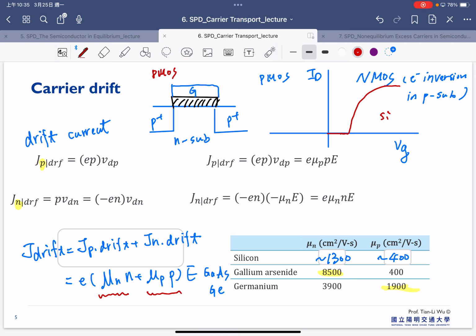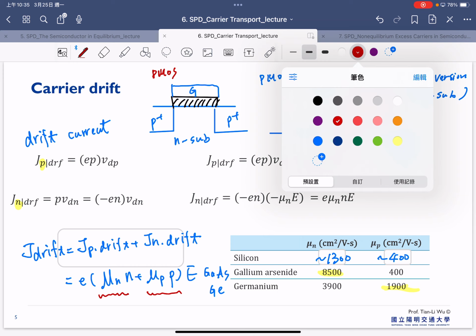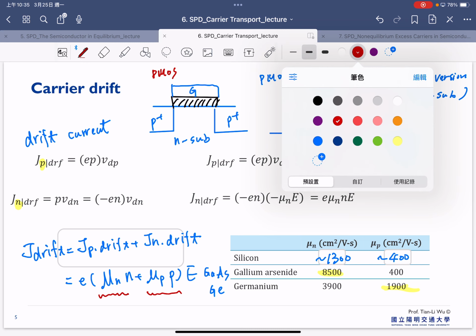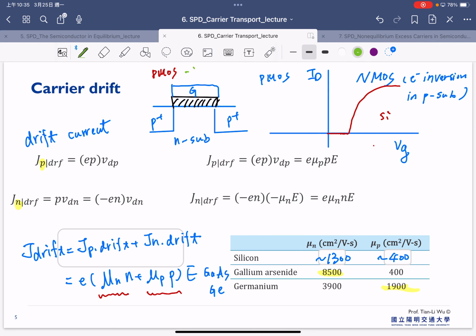And because we change the substrate doping and the source drain region, that also changes our bias condition. Right now, we are not applying the positive gate bias. Actually, right now we apply the negative gate bias. So a minus gate bias, minus VG, will be applied. The reason we apply minus VG is because we want to induce the holes.